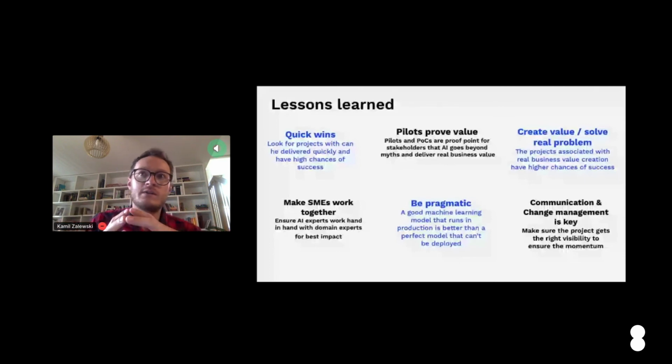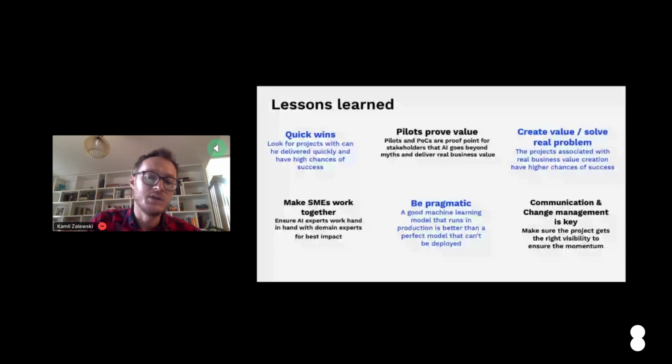Another important factor is that we are trying to encourage our customers again to be as pragmatic as possible, meaning we can have the best performing machine learning model, but if it stays unimplemented, it does not bring any value, right? So already think about the projects that can be implemented later on and can generate business value upon implementation as well.